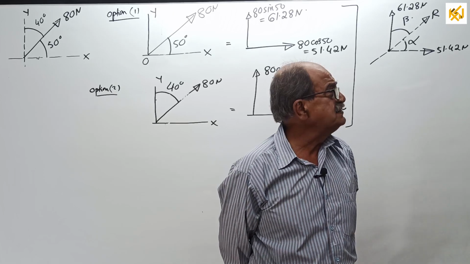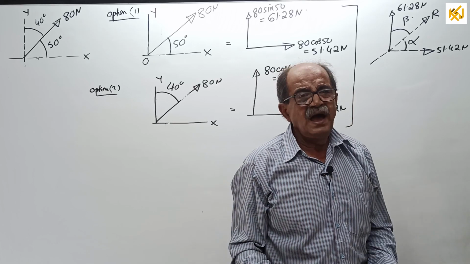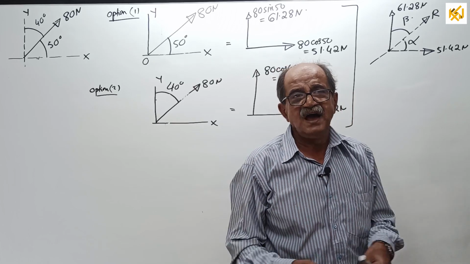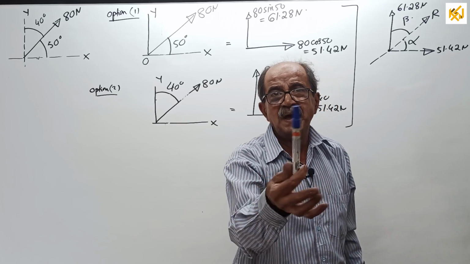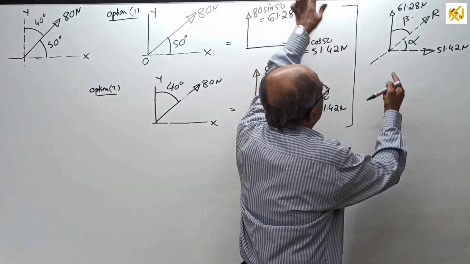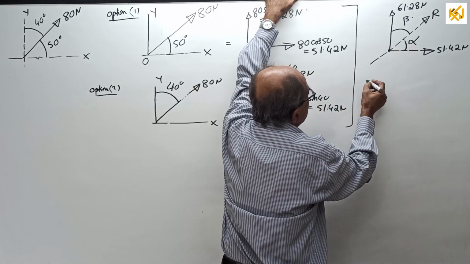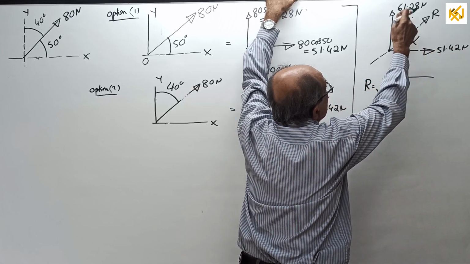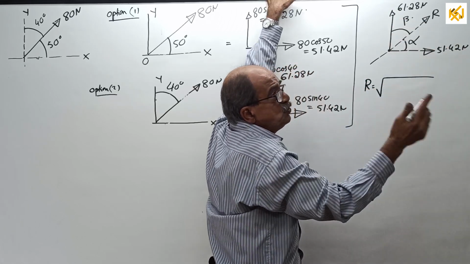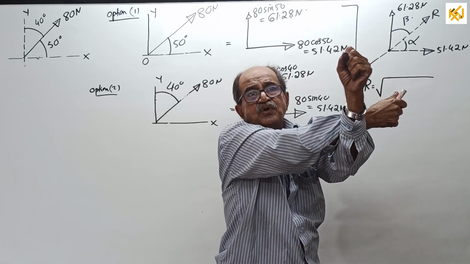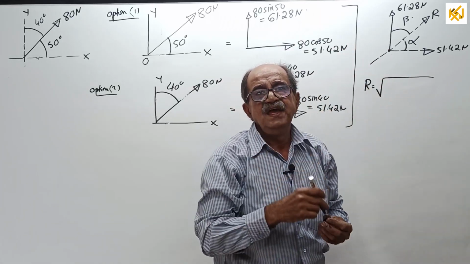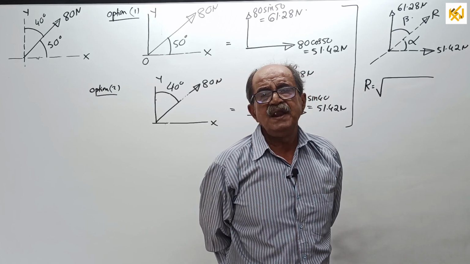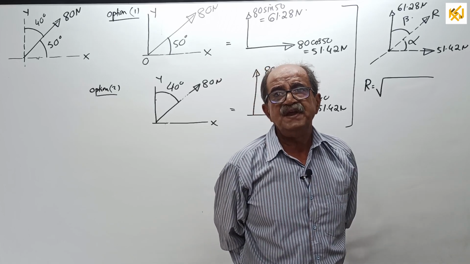See, I never come prepared to a class. I come only with the pen. That's all. So now, the formula is resultant R equal to square root of the sum of the squares of the two mutually perpendicular forces directly. Or P1 square plus P2 square plus 2 P1 P2 cos theta.